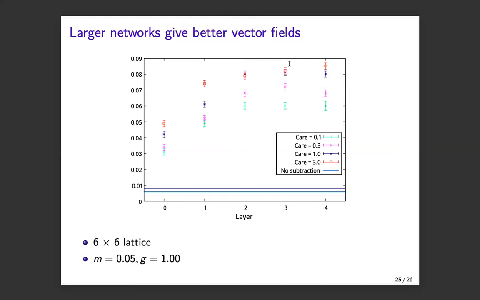Also, this scale means how long you train the vector field. As you increase the scale, from a shorter training to a longer training, that also helps, because by doing longer training you're exploring a larger space of parameters in your vector field network.